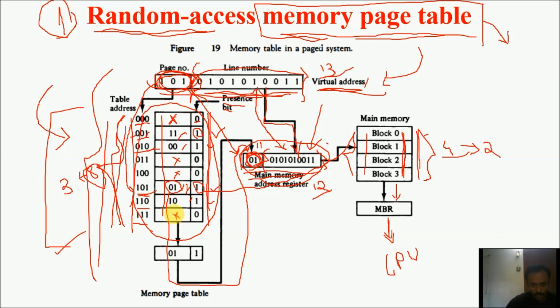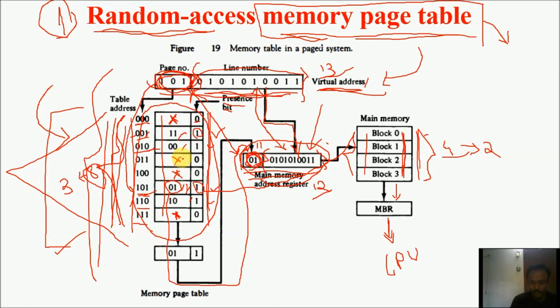If the address space, the total number of virtual addresses, is very high, then this page table size will be very large, and most of the words will be unutilized. So this is the drawback of using the random access memory table. So we will try to reduce this table size.